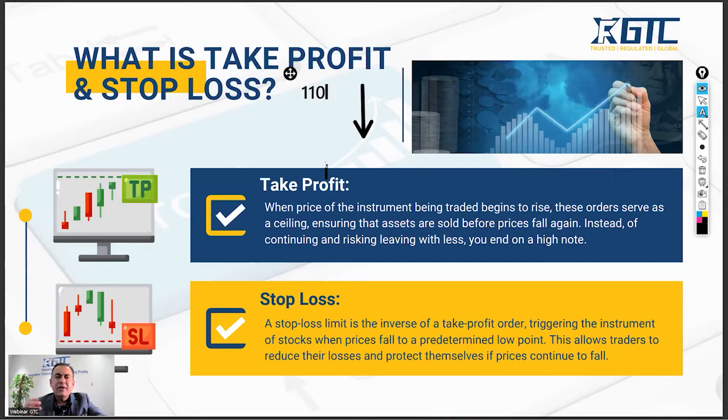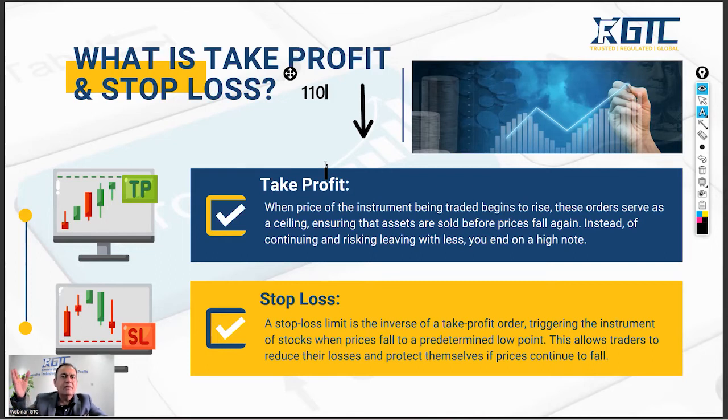So we should always define our exit levels. There are two types of exit levels: a take profit and a stop loss, and we can define both simultaneously. Whenever we are entering a trade, just for the example's sake, I can define 110 as my take profit and 95 as my stop loss.